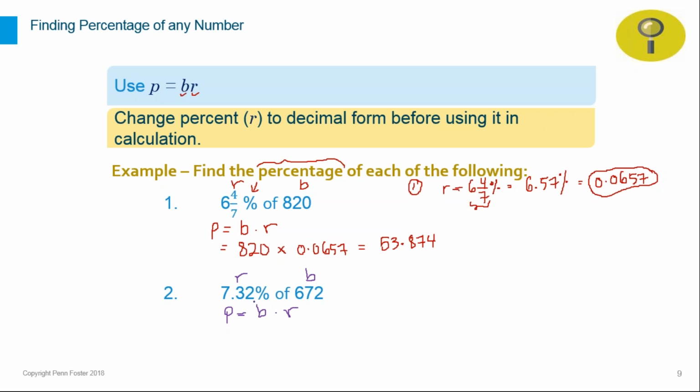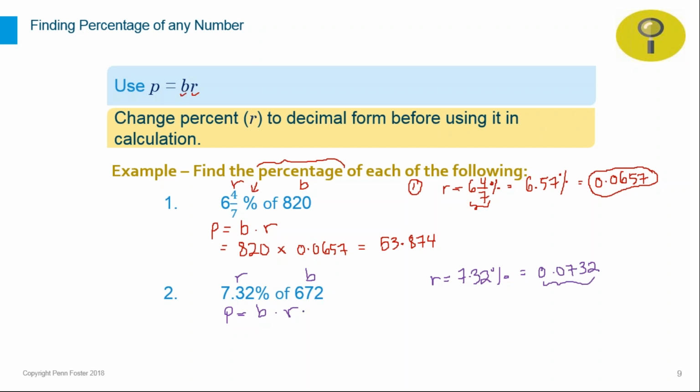So I'm going to now get faster since we know the basics of using R. So R equals, in the question, 7.32%. I need to divide by 100 to get rid of the percent sign. So move the decimal point twice to the left, and that will give you the percent in decimal form, 0.0732.